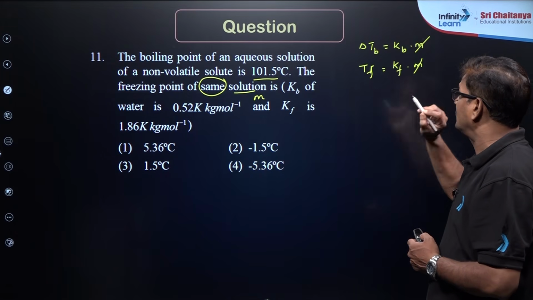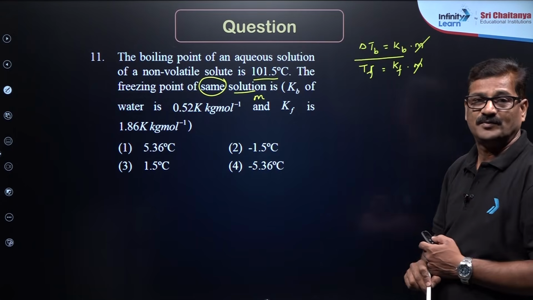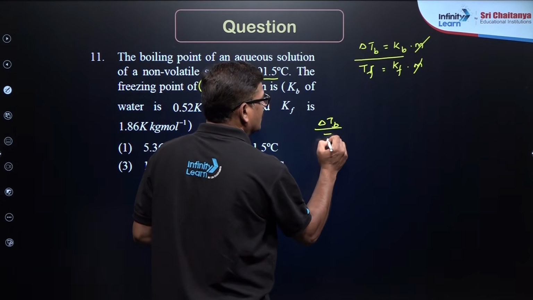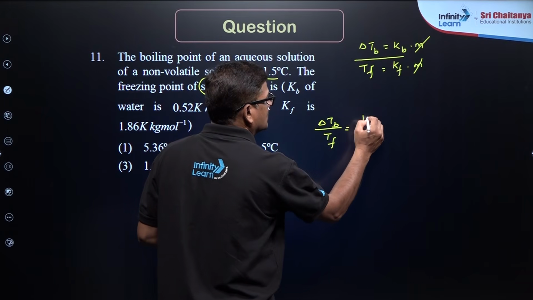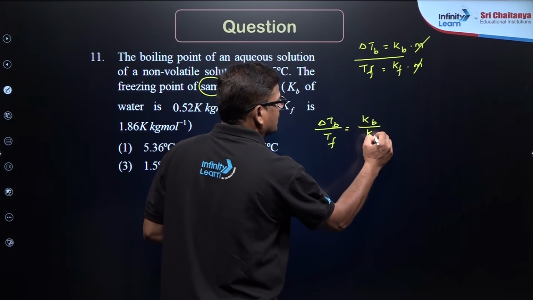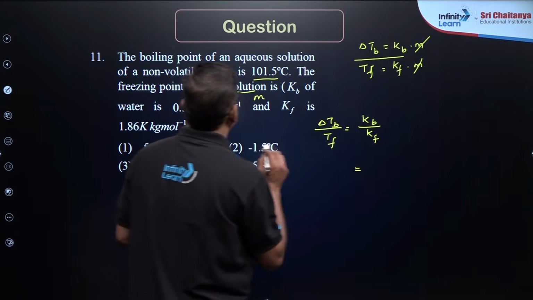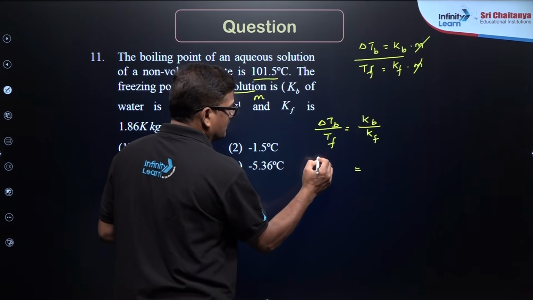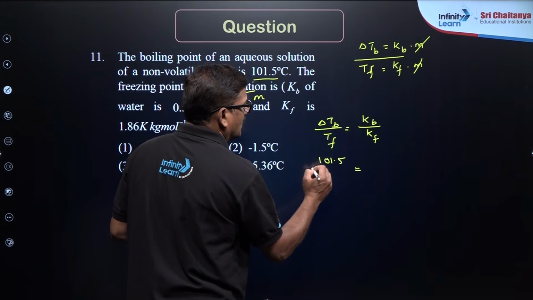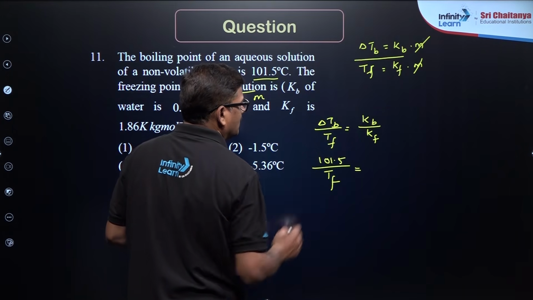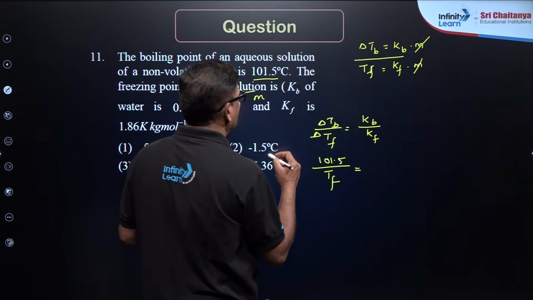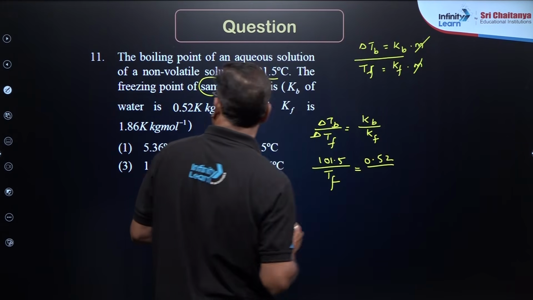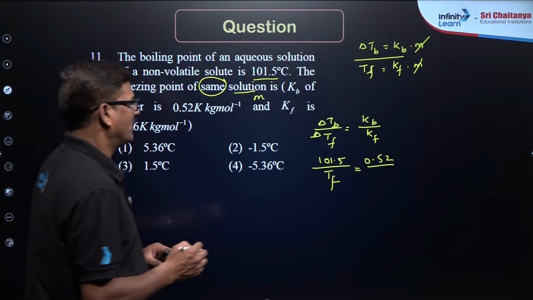Since molality is the same, you can take the ratio: delta Tb upon delta Tf is equal to Kb upon Kf. Delta Tb is 1.5, upon delta Tf, and Kb is 0.52, Kf is 1.86.